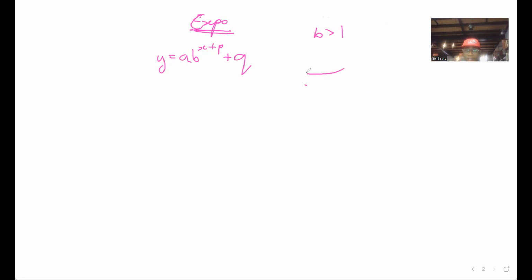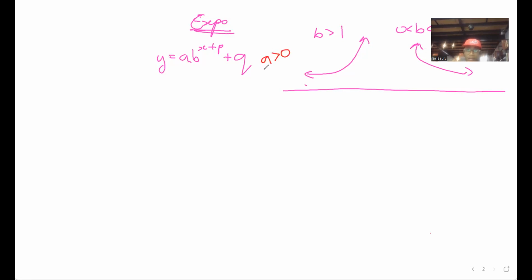And if b is a fraction, this is what you're going to have, provided that a is greater than 0.